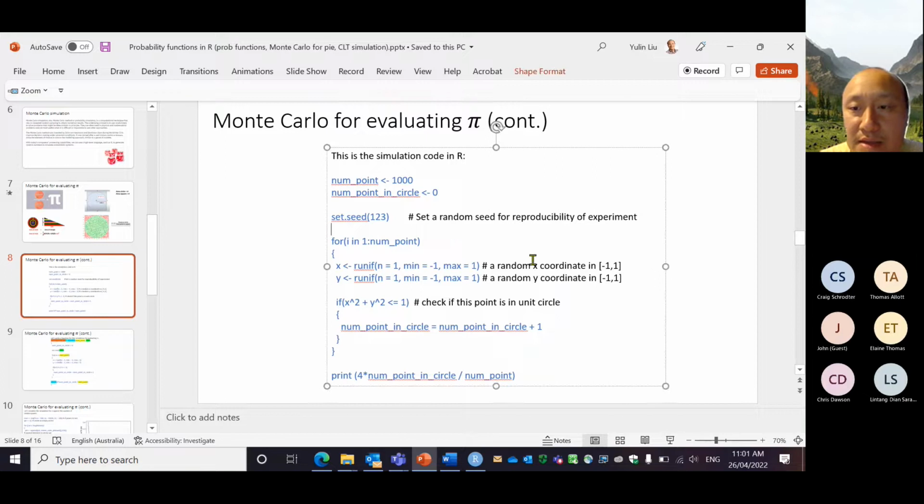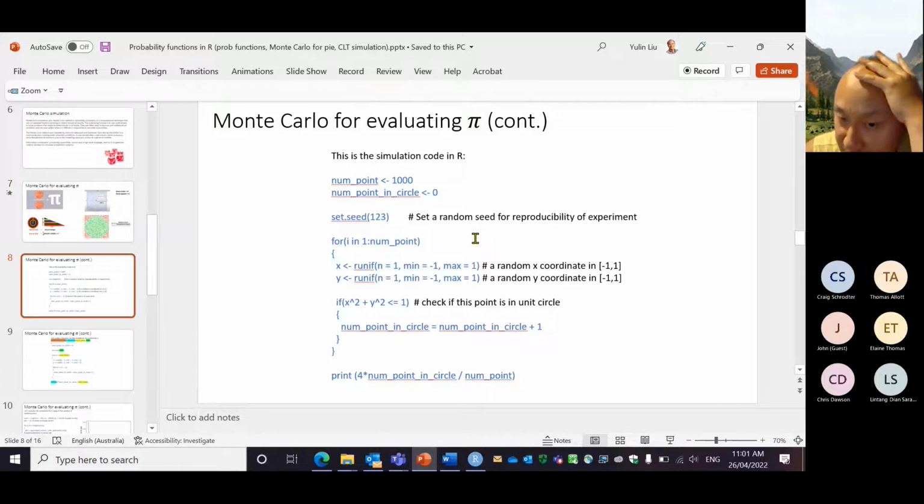Okay, and then I'm going to set a random seed. You will probably see this a lot if you read about the Monte Carlo method, because we are using random simulation in the computer. If we don't decide the random seed, every time you run the code you probably get different results, and if you share the code with your friends, different people may get different results.